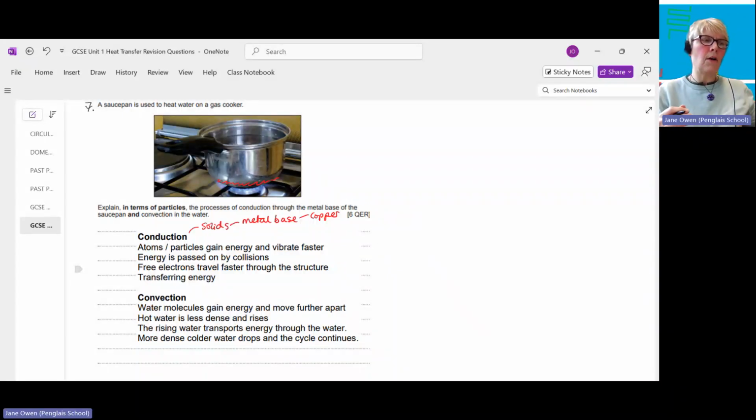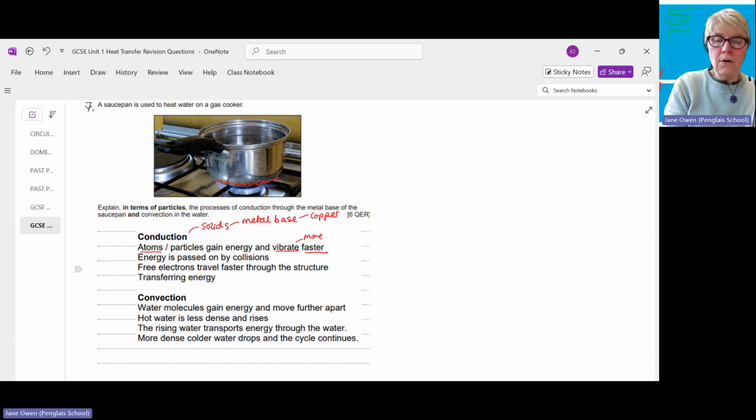It's like if you have your partner next to you and you're vibrating a little bit more, you'll knock on a little bit to the next person, and they'll knock on to the next person, and so on. So we say that the particles, the atoms, vibrate more or vibrate faster, and that means the energy is passed on by those collisions of one atom vibrating and colliding with a neighboring atom, and so on.